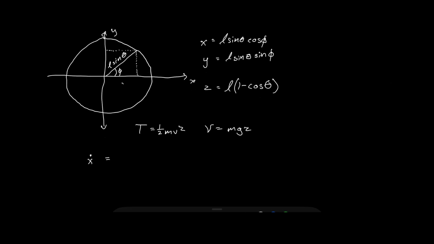So our x dot, our time derivative of this, we have a product rule. So we have L cosine theta cosine phi theta dot, plus L sine theta.